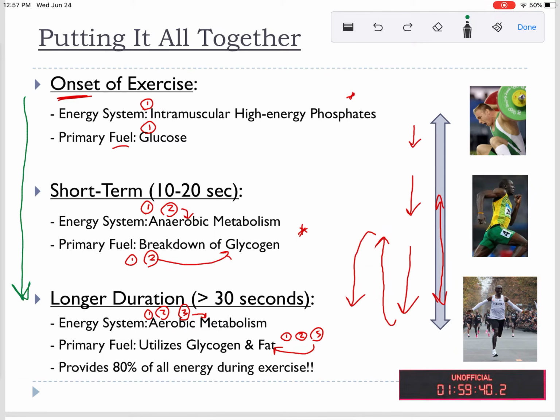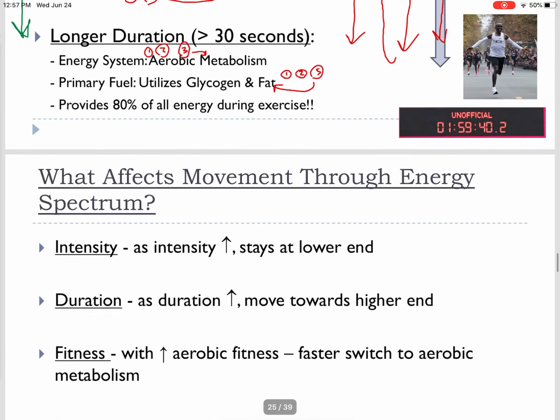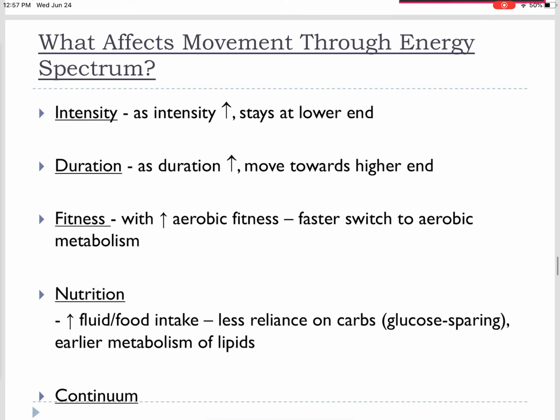At the immediate onset of activity, from time 0, you're always going to progress from the top to the bottom here. But as exercise continues, you may actually fluctuate and go back to burning more glycogen for a period of time, and that's absolutely fine.